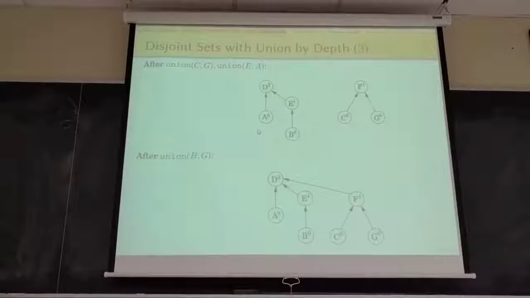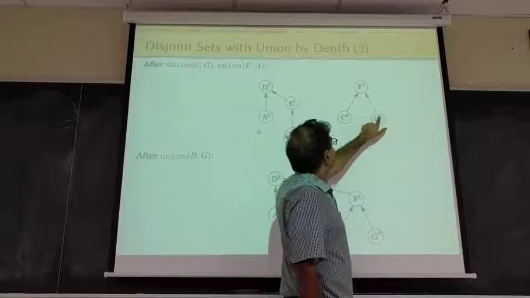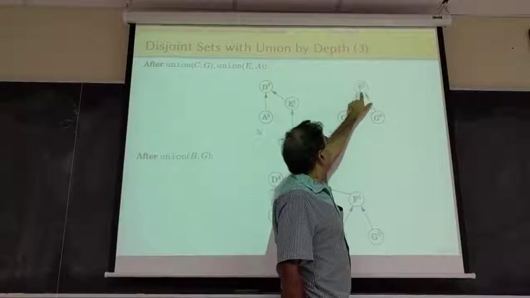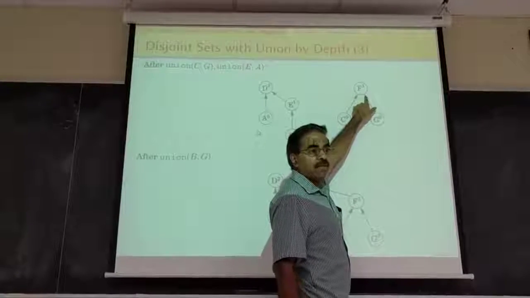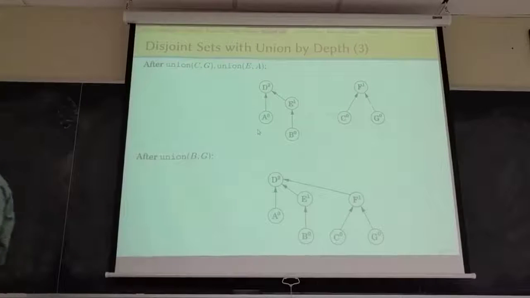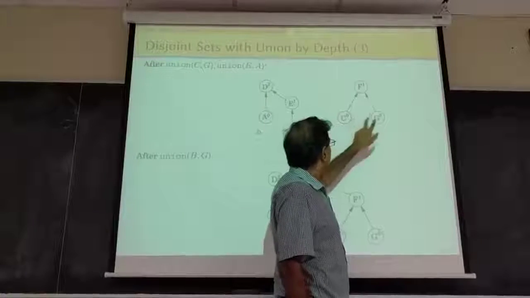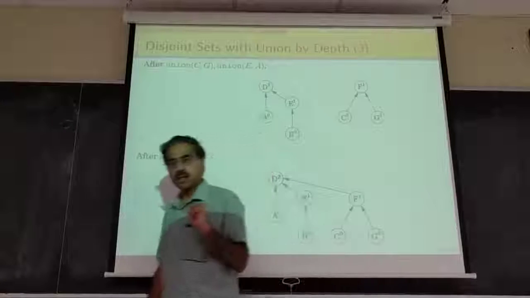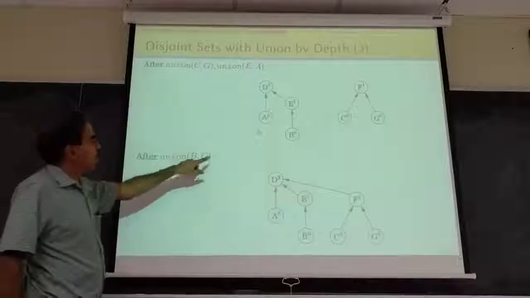And in this case, because G has a rank of 0, and C is an element of a set which has a rank of 1, you have to make G point to F. Okay? And in this case, because the ranks of the 2 sets being unioned are different, the root rank does not increase.